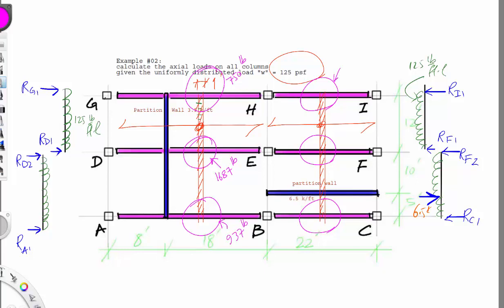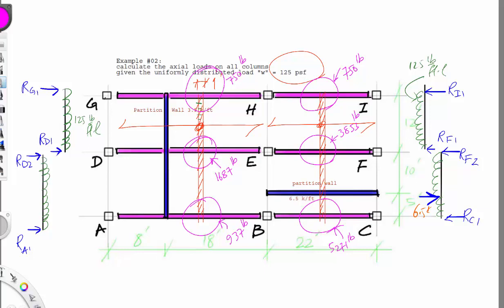This will be same as the previous one, which is 750 pounds. This is 3853 pounds, and this is 5271 pounds.